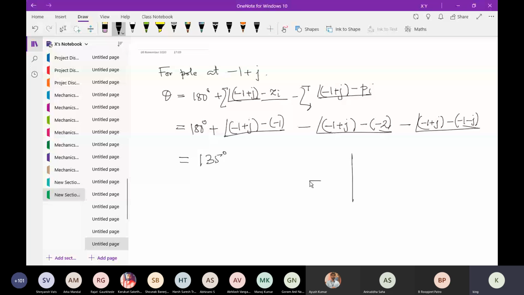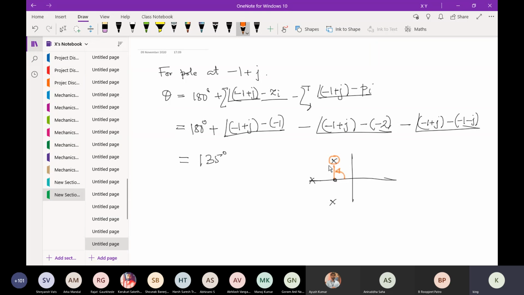And you can check from the diagram also, because our 0 is here, and we are looking at the -1 plus j. So this is my pole of interest. So if you want to, you can also do it graphically.